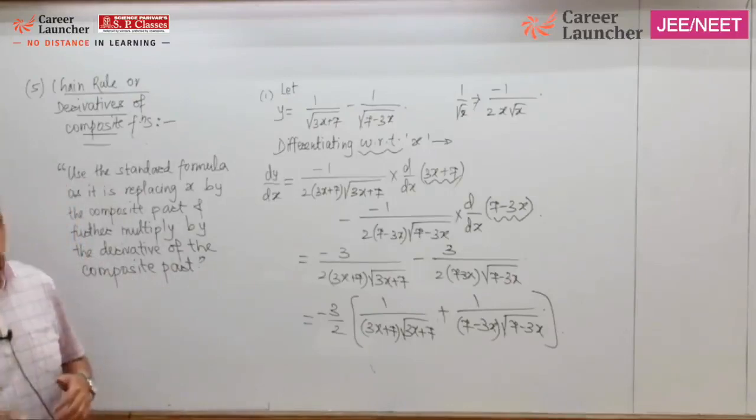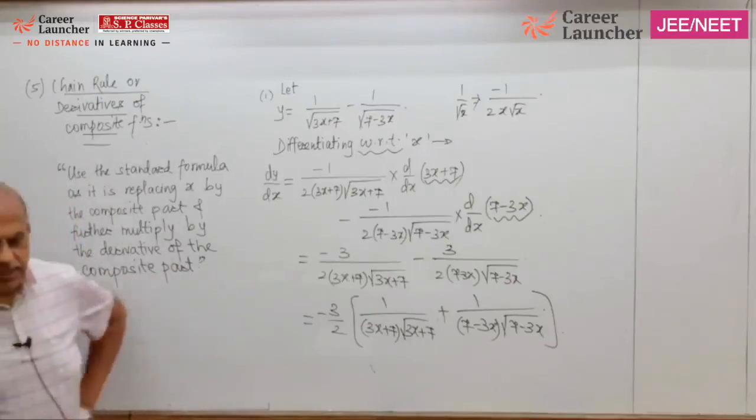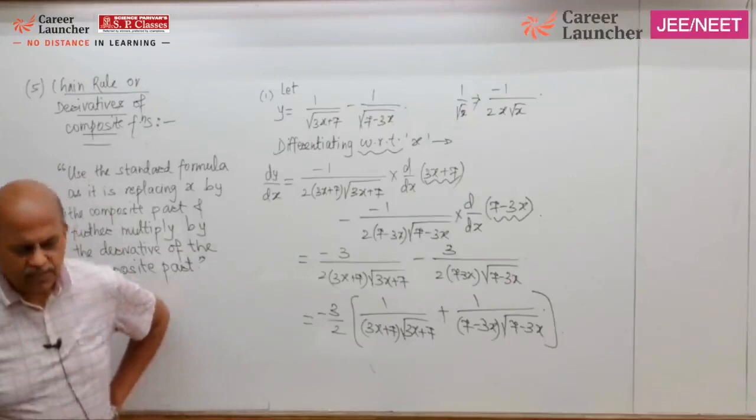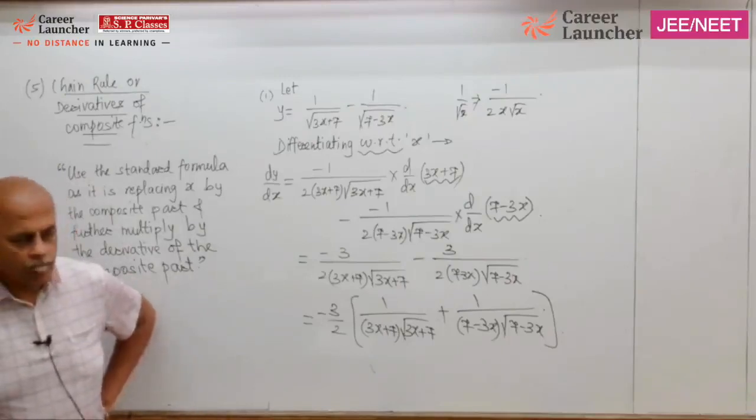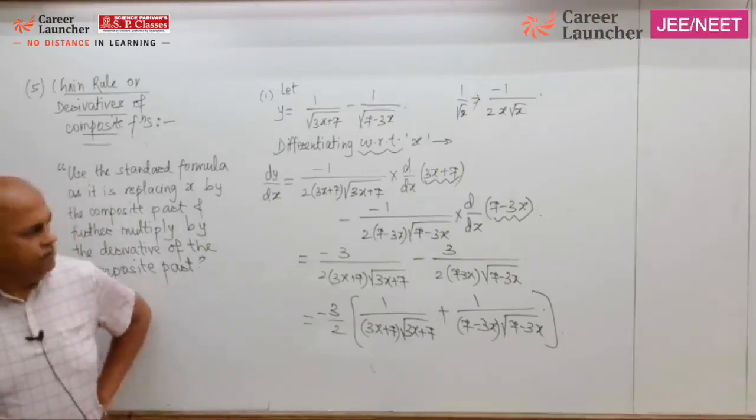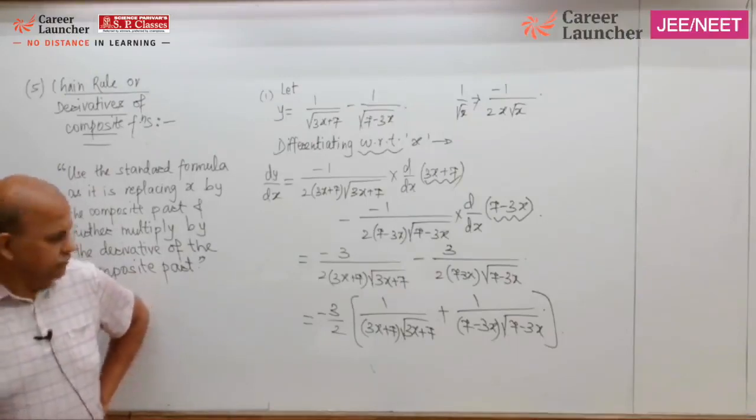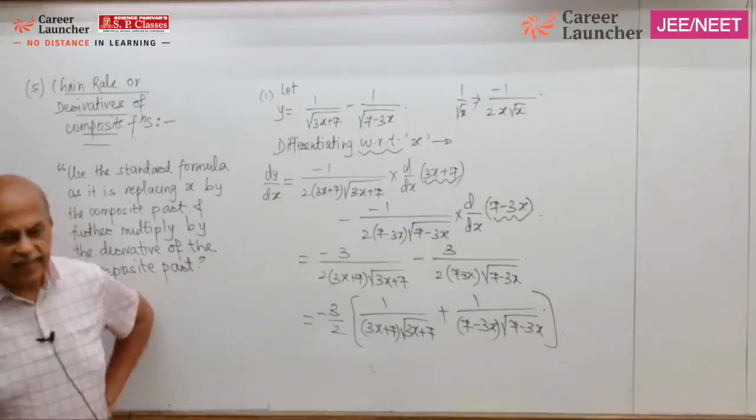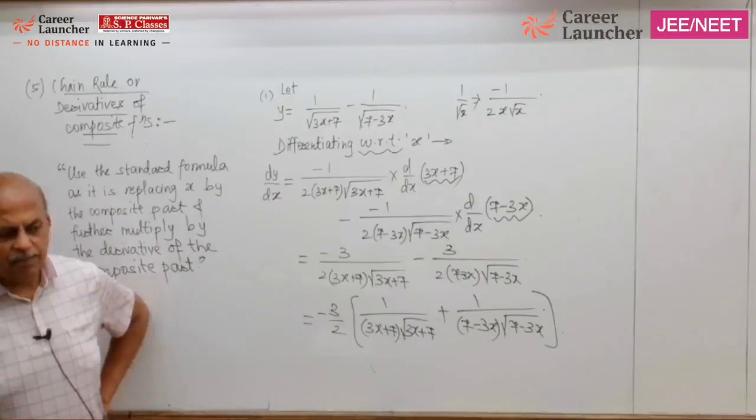First you must know what the standard formula is. Second, you will think: x is replaced by what? That function which is replacing x in the standard formula will be considered the composite part. Then make use of the chain rule.